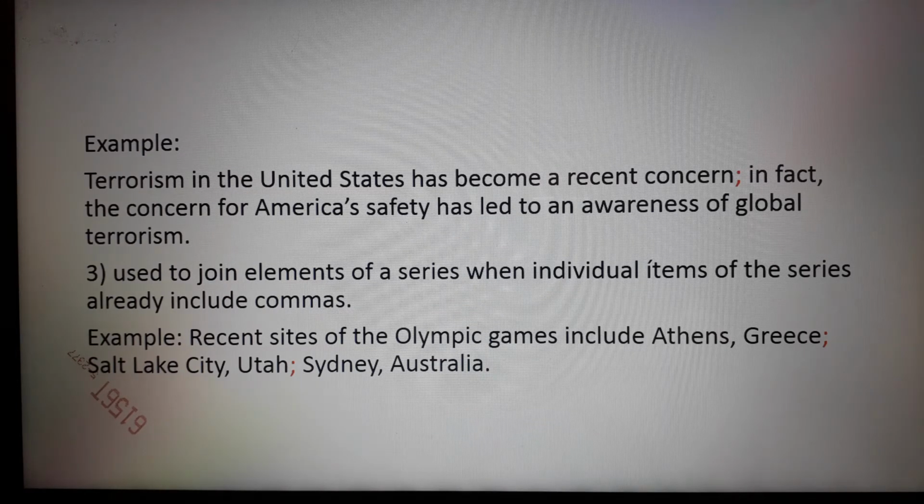And to separate that information from the next information, you need to write a semicolon. So semicolon, Salt Lake City, Utah, semicolon, Sydney, Australia. You are joining the elements of a series when these individual items already include commas.